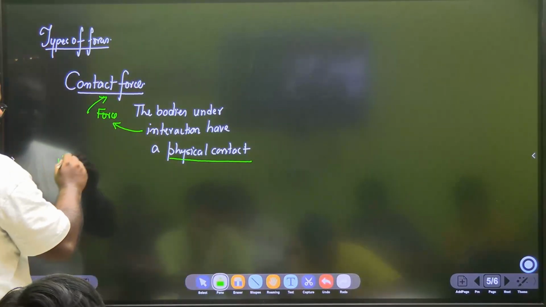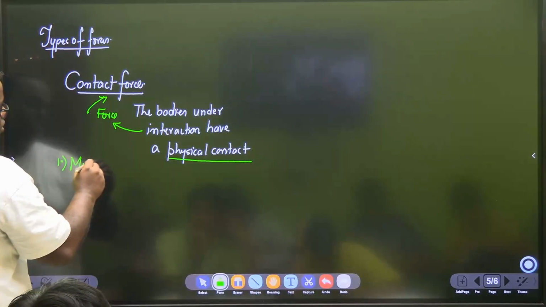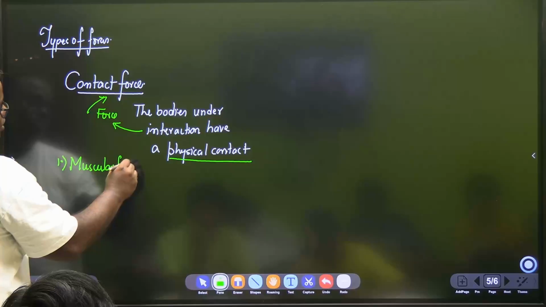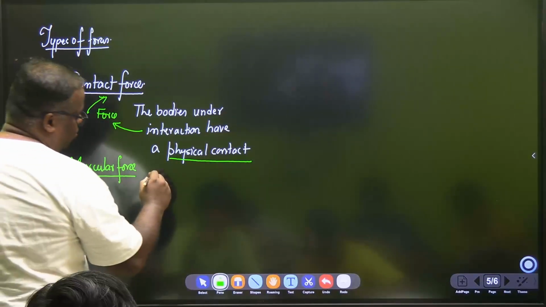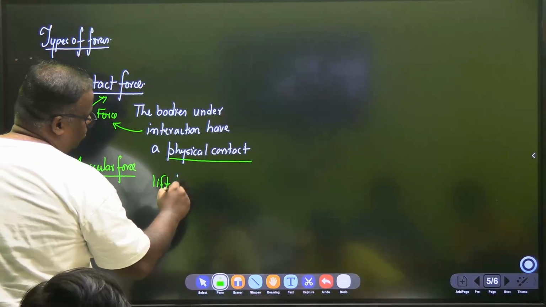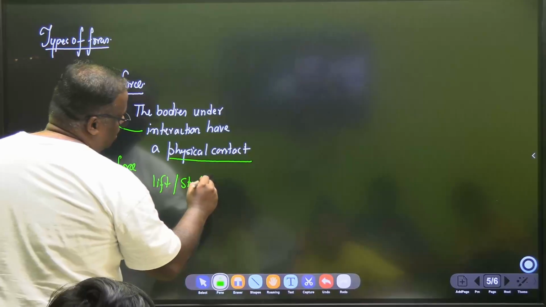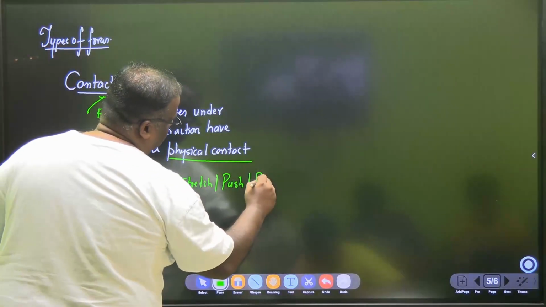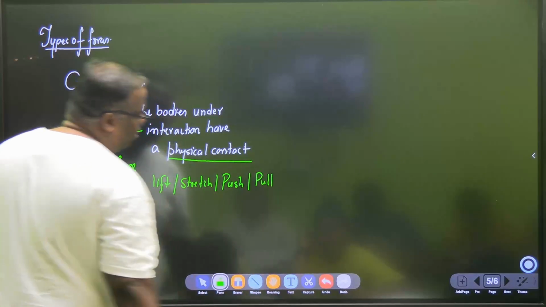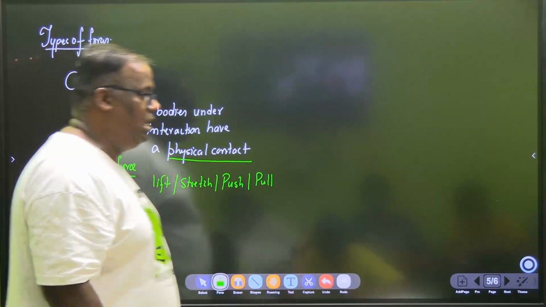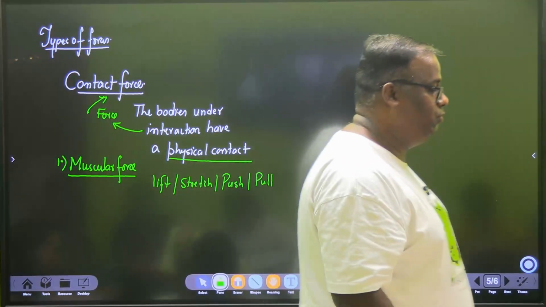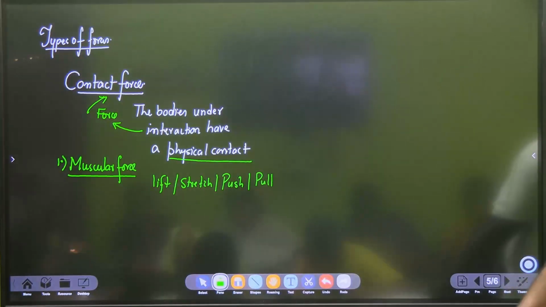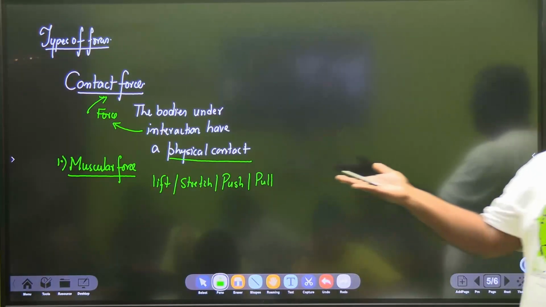Types of these forces are, we say, your muscular force, or the physical force that you apply. You lift, you stretch, right? You push, you pull, right? All these type of forces can happen only if the interaction between the two bodies have a physical contact. This is a body in my hand, the stylus.